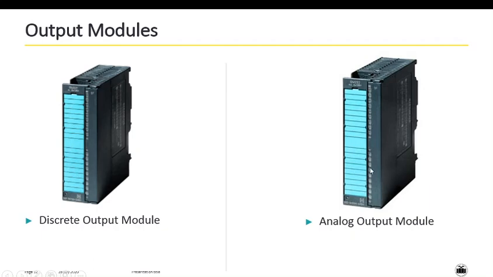Only difference is that analog output module will convert discrete signal obtained from processor, processed by this card. It will convert that signal into the analog format. Okay, so that's why this is the name given, analog output module. Okay, so analog output module is just the combination of discrete output module plus digital to analog converter.